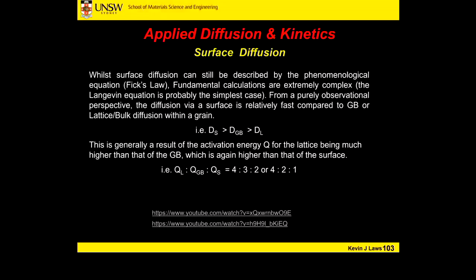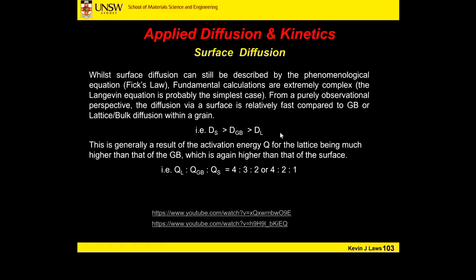And these components here, here, and here change depending on the system and other boundary conditions. Way beyond what we're covering in this course, and probably tricky for doing a PhD or something like that. So from a purely observational perspective, diffusion via the surface is relatively fast compared to grain boundary or lattice and bulk diffusion.